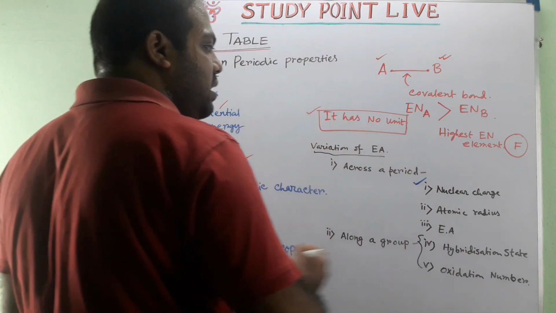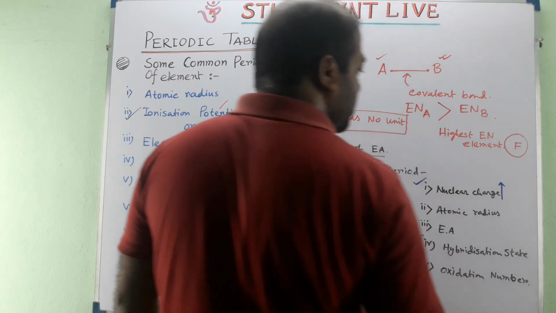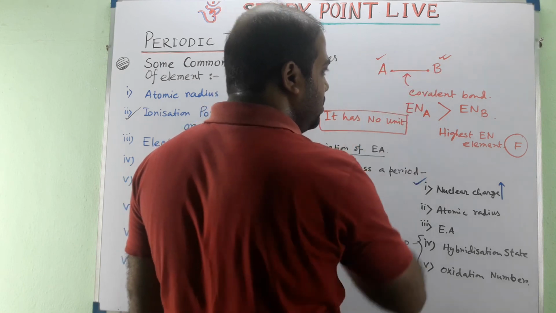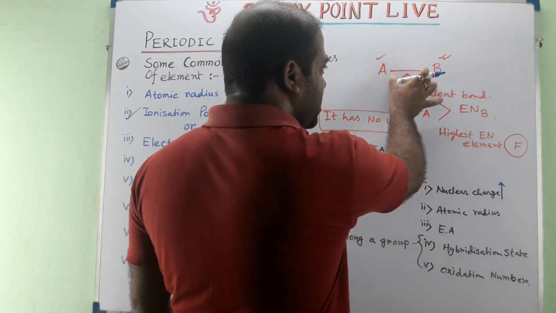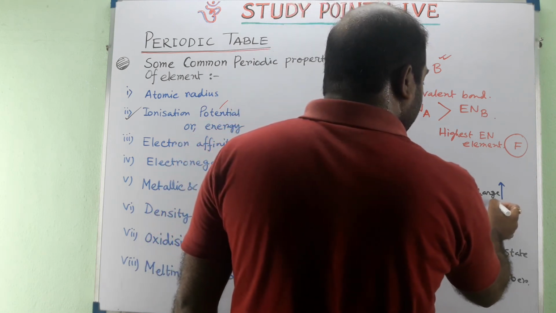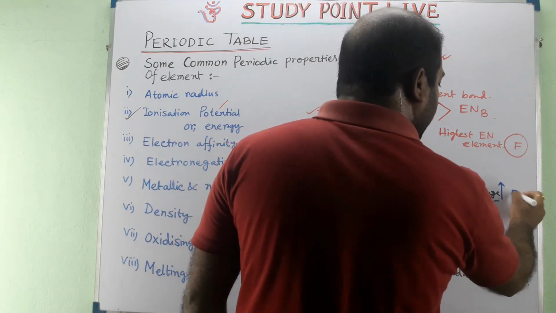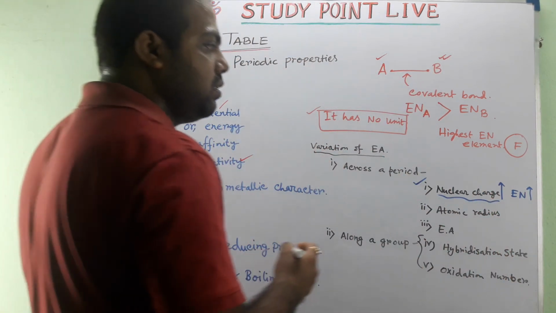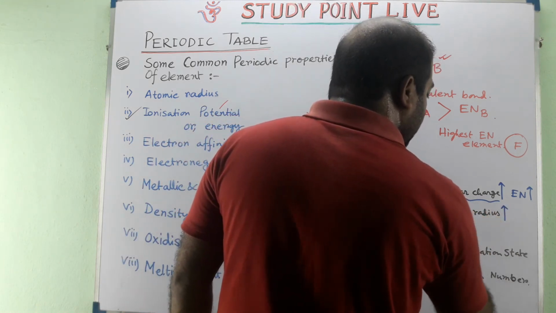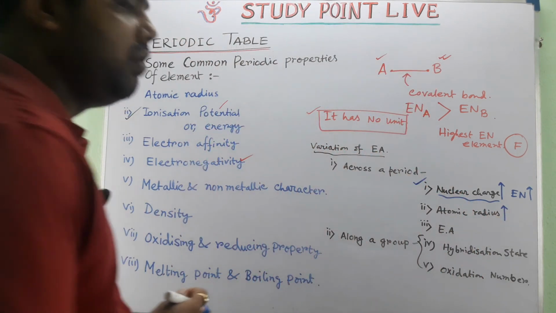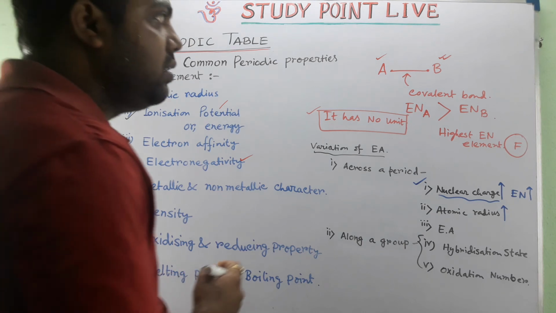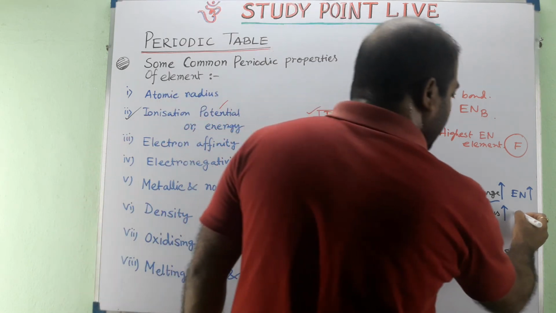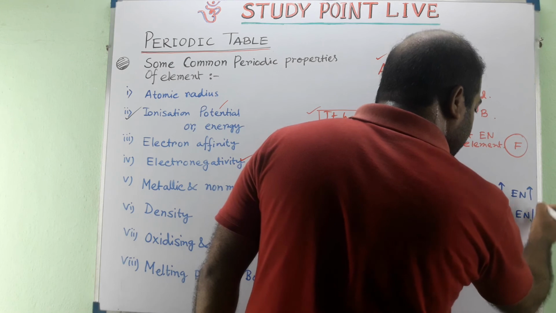For increasing nuclear charge, the attraction power to attract the covalently bonded electron increases. That's why if nuclear charge increases, electronegativity of an element will also increase. If the atomic radius increases, the last orbit of that element will be far apart from the nucleus. That's why the power to attract the covalently bonded electron will be less, and electronegativity will be lesser.